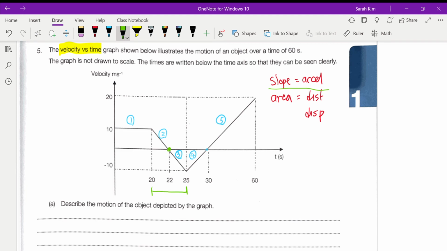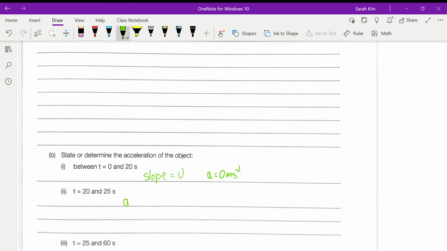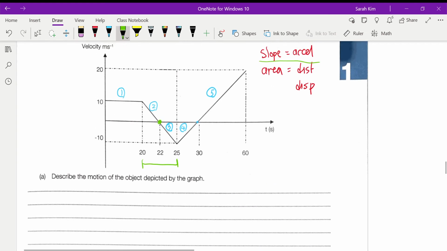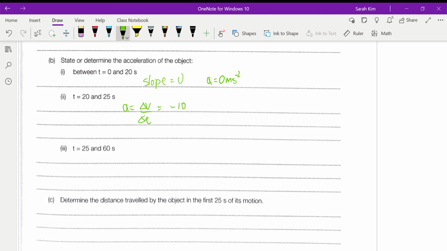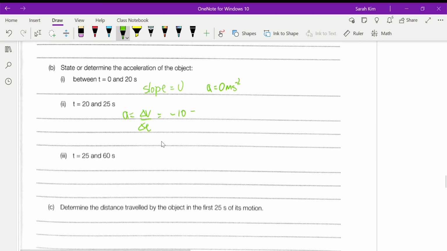So slope, let's have a look. You've just got to write the acceleration equation, which is delta v over delta t. Delta v: my final is negative 10, my initial was 10. My time was 5 seconds, so that's negative 20 divided by 5, which is negative 4 meters per second squared.